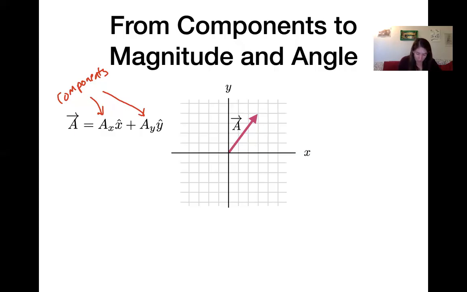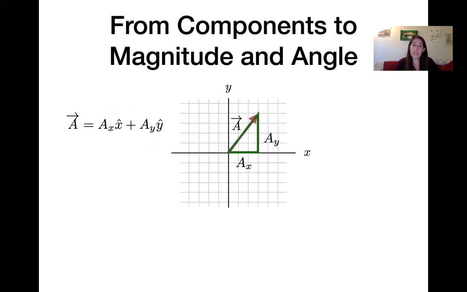In this case, it would be 3x hat plus 4y hat, and I could figure that out by counting these boxes, 3 and 4. So let's say you're given the components of a vector and you want to figure out, well, what is this angle and what is the length of A equal to? How could we figure that out?